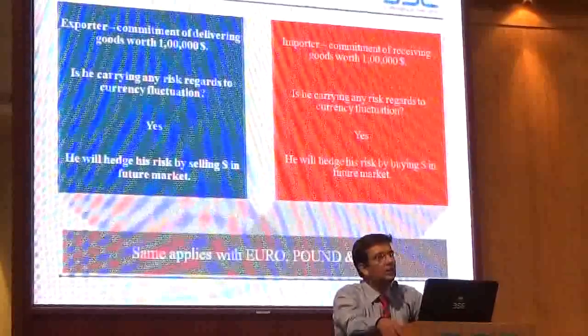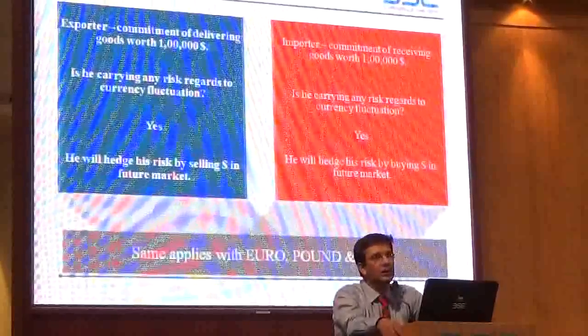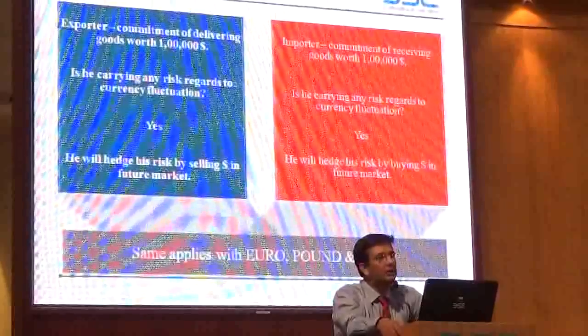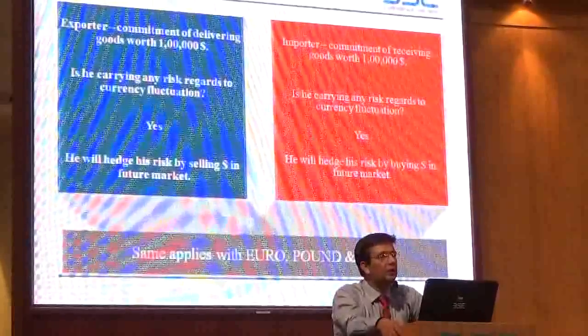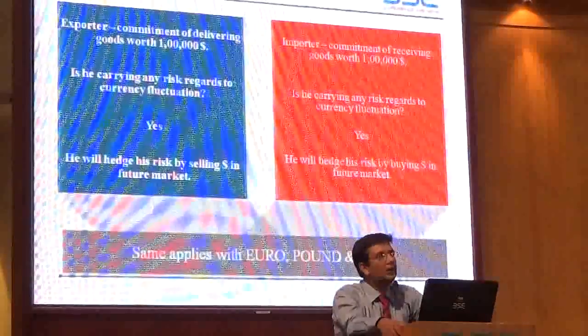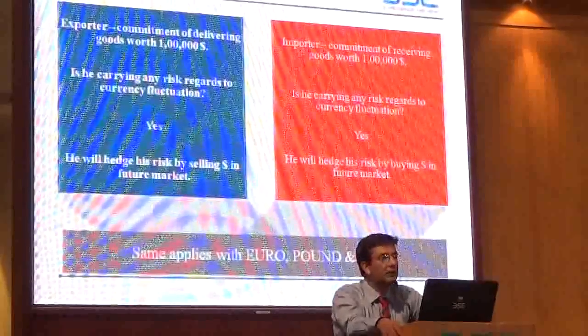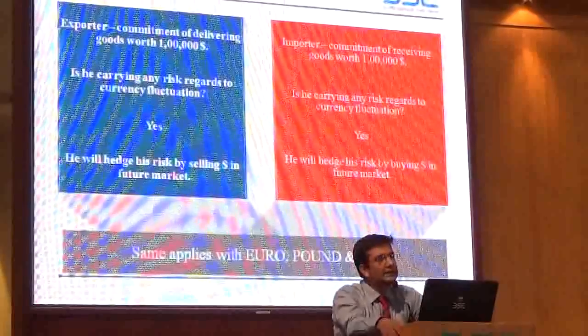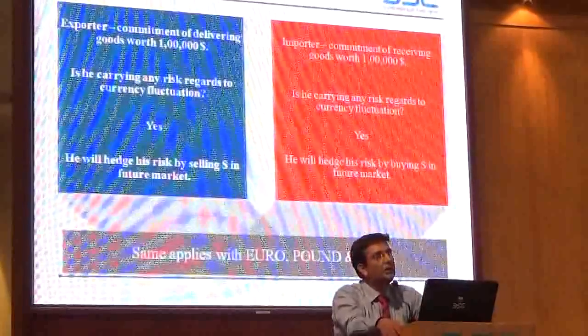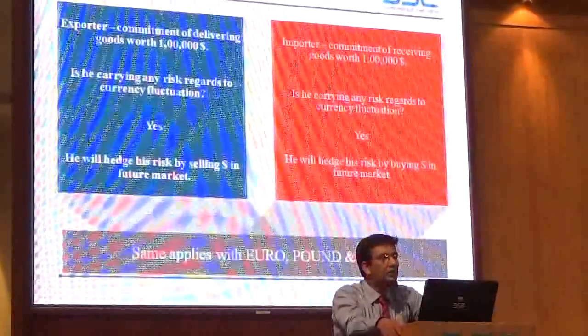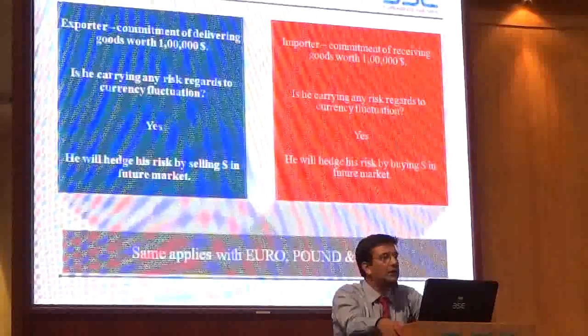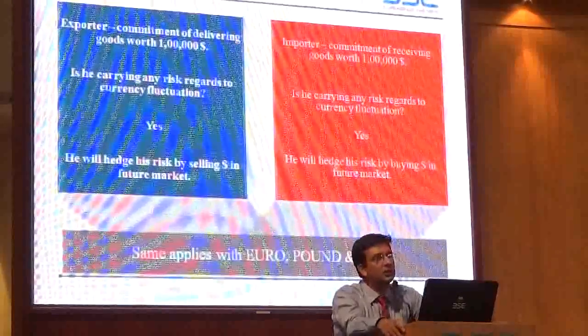For example, an exporter did a contract now and he will be getting $1 lakh after 3 months. Today the rupee value is 60. What if it appreciated to 58? Instead of getting 60 lakhs after 3 months, he will be getting 58 lakhs. So he is very much exposed to the currency risk.